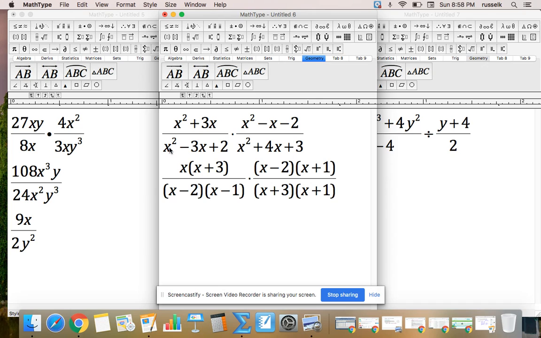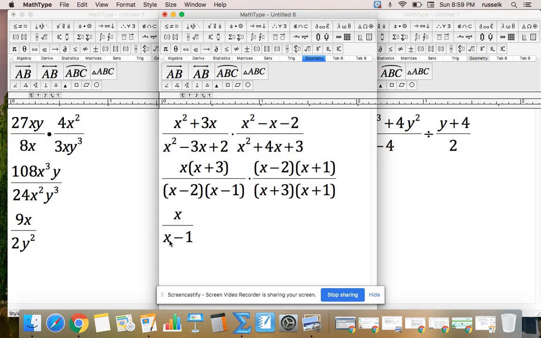Now that I've factored everything, I can cancel any common factors from the top and bottom. So this x plus 1 on the bottom would cancel with this x plus 1 on the top. X minus 2's would cancel. X plus 3's would cancel. After I cancel everything out, in the top I would just have an x. And in the bottom, I would have x minus 1.